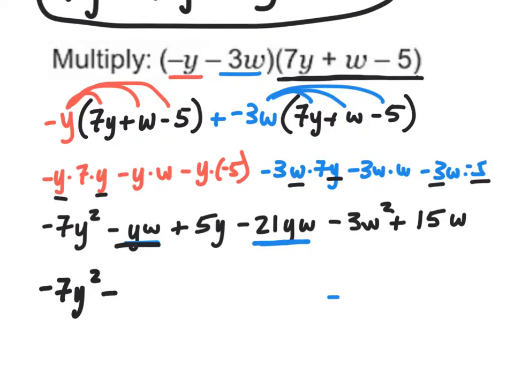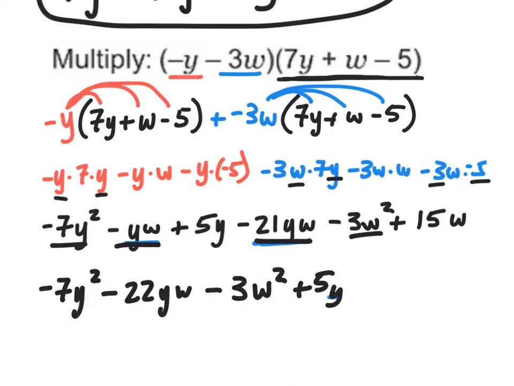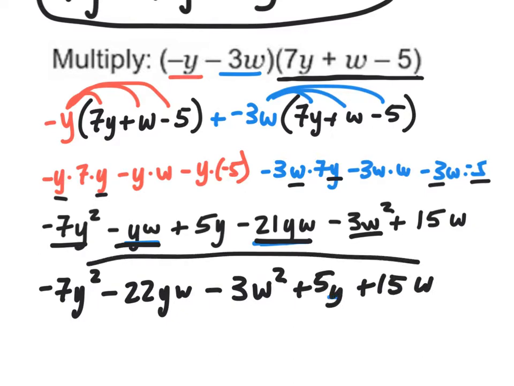So I've got negative yw minus 21yw. That's going to give me minus 22yw. And then minus 3w squared. So we've got that term, and let's just do plus 5y and then plus 15w. And those are the only things that I can combine.